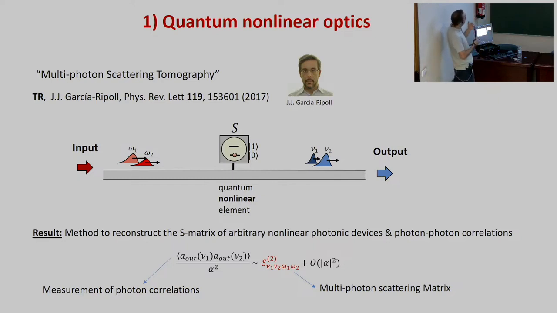And we found a way that you measure certain correlations that are easy to measure at the output, and from that, you can obtain the multiphoton scattering matrix of the device.